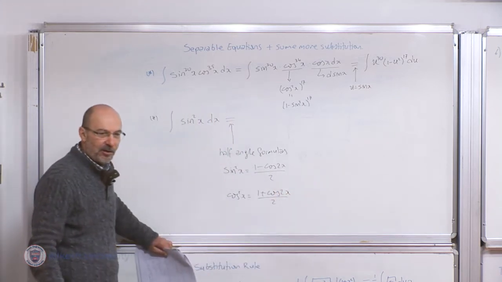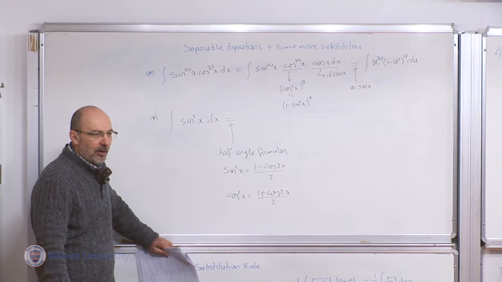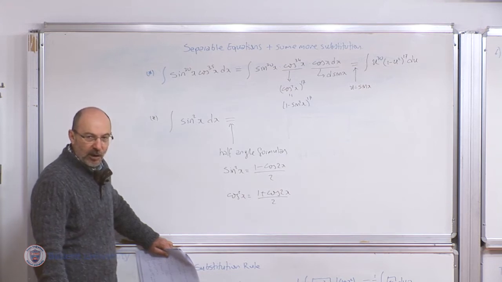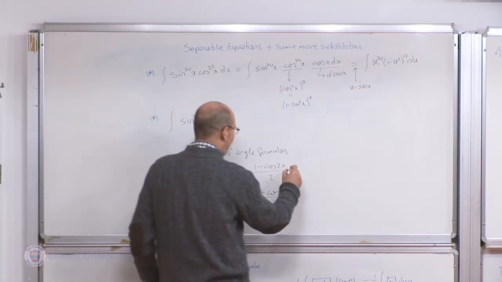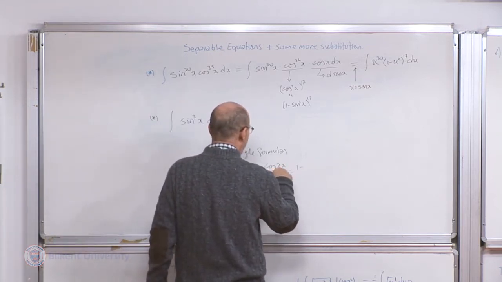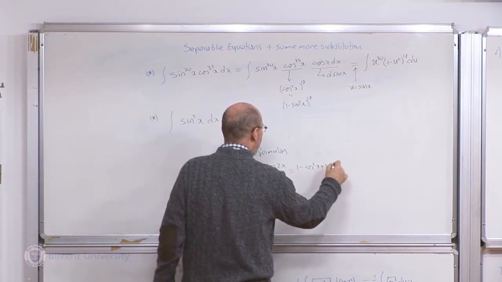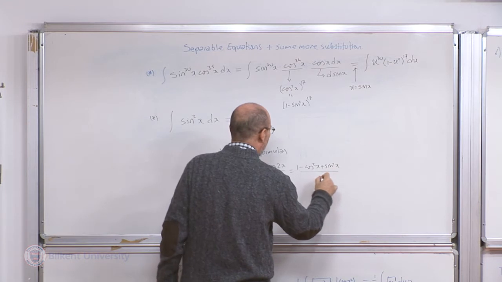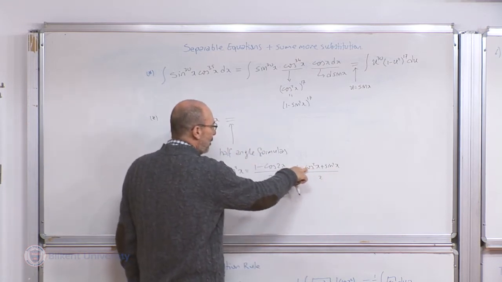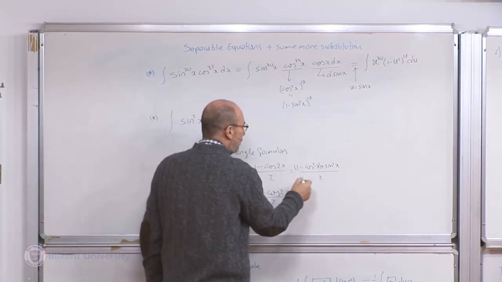Okay, so these are the half angle or double angle formulas, whichever way you want to look at it. Are they correct? Nobody is sure. Okay, let's check this one. 1 minus cosine 2x. Well, I know that that's cosine square plus sine square, minus cosine square plus sine square x over 2. 1 minus cosine square is sine square.